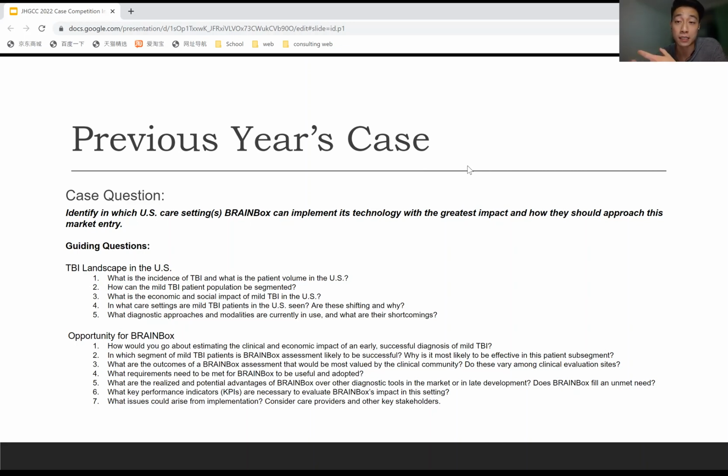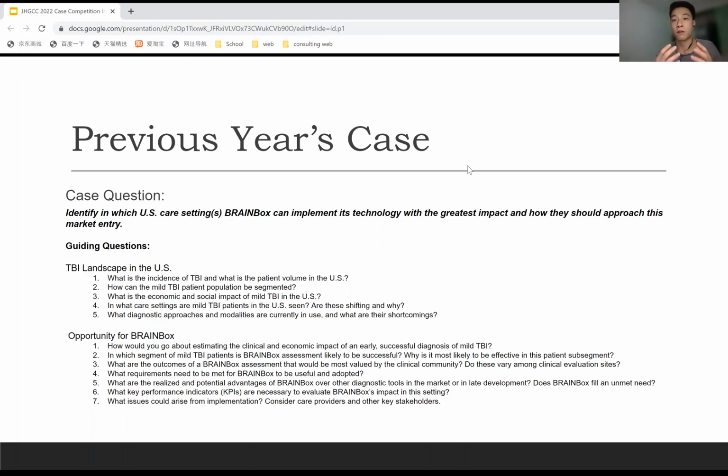So the client asks you to identify a market, and secondly, on the implementation strategy, how exactly should they enter that market. And you will be provided with a list of guiding questions. For example, which area of the United States has the major customer segments.